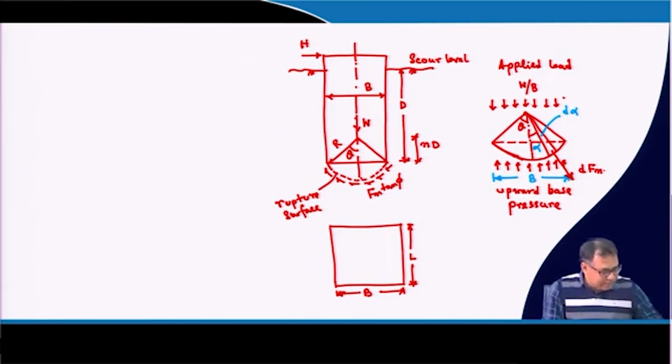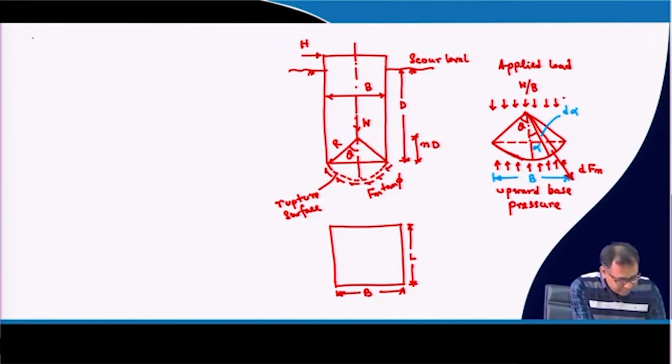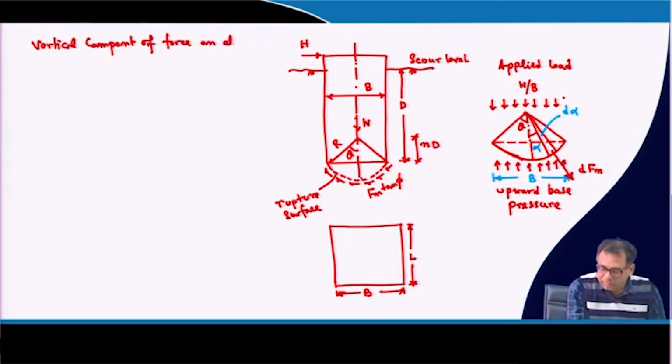Now, let us determine how we can do the stability checks for this particular condition. Okay. So, there will be a force acting, dFn. Now we can write the vertical component of force on the element, which element?